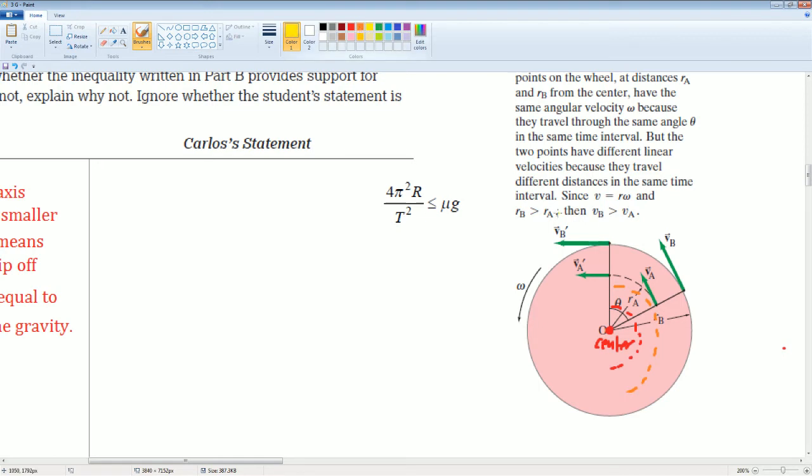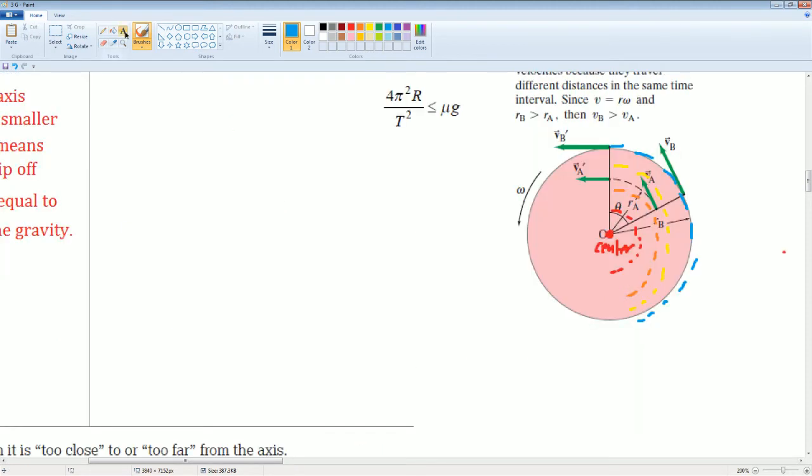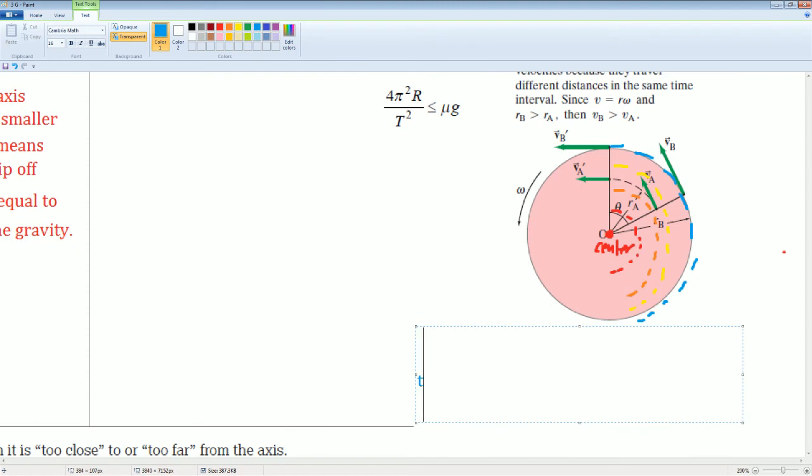Then it's going to be more less, right? So the gravitational strength is less when moving away from the center.